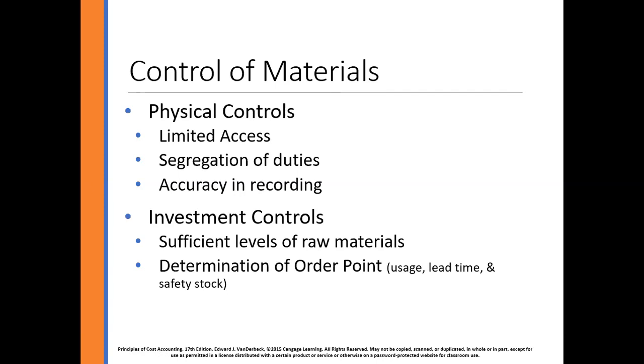And then also there should be procedures in place within the production area for safeguarding work in process. And finished goods should be safeguarded in a limited access storage area and not be released for shipment until the appropriate order documentation has been put into place.